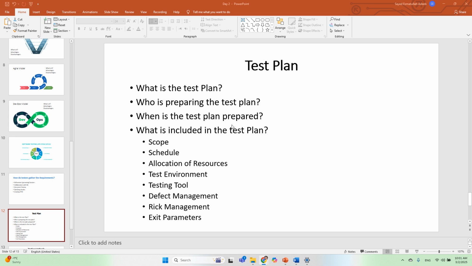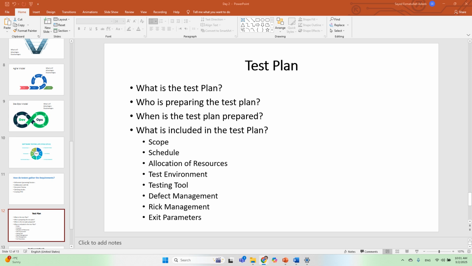Now, the third question. When is the test plan prepared? The team plans the test phase in the software development life cycle. If you remember, we talked about the software development life cycle, where planning and requirements was the first phase.